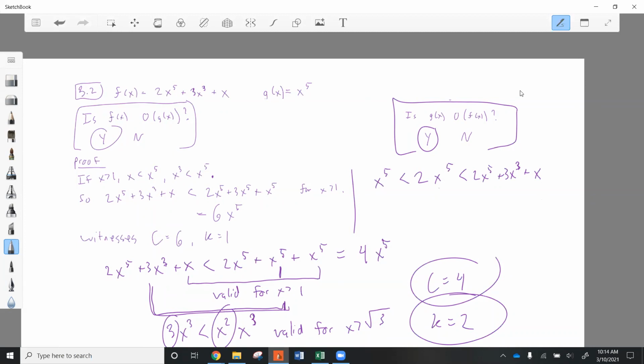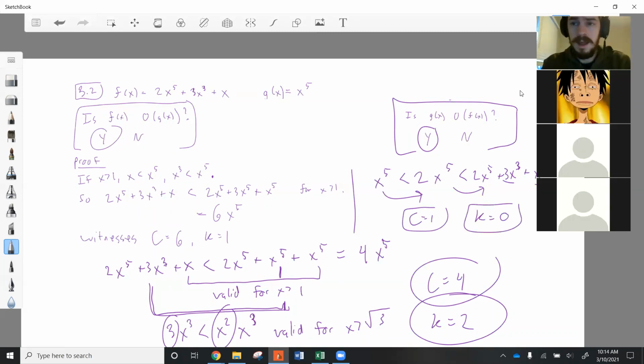Because here you're doubling it, which makes it bigger, and here you're doubling it, which makes it always bigger, and here you're just adding on extra terms, which also is going to make it bigger. So this is true. So basically, your c equals 1, and your k equals 0, or whatever you want. c has to be a positive number. I think it doesn't matter what real number you pick for k. In this case, they're always bigger, at least for positive numbers. Not for negative numbers, I guess.